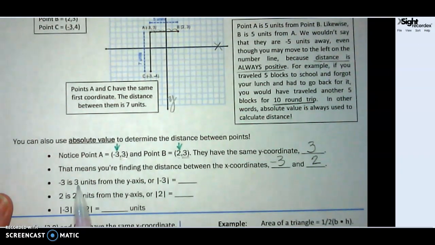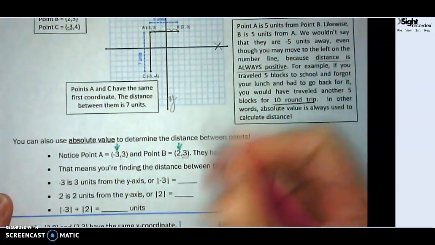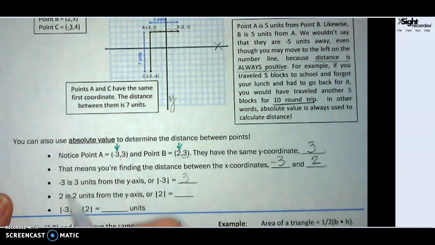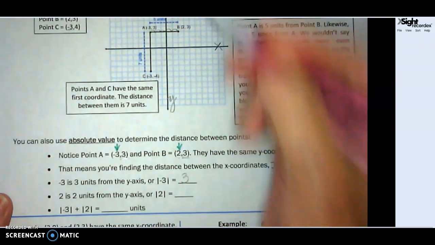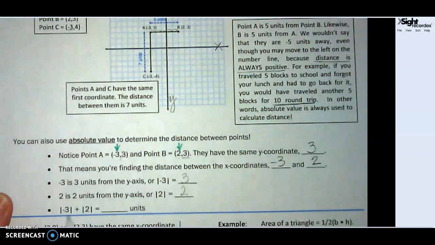-3 is 3 units from the y-axis. So we can see that here, 1, 2, 3. And 2 is 2 units from the y-axis, 1, 2. So we're taking the absolute values of those numbers because distance can never be negative.